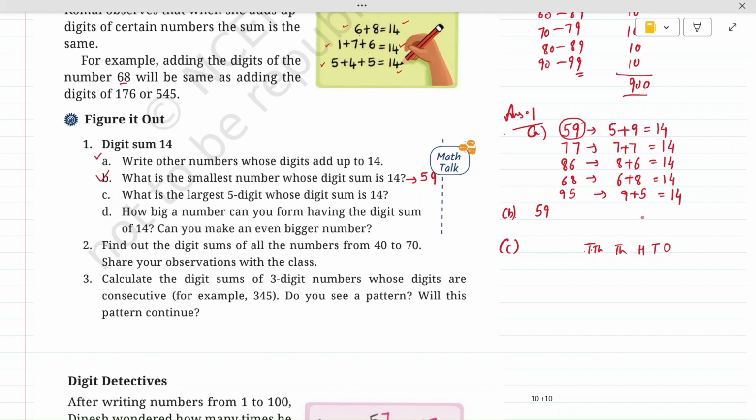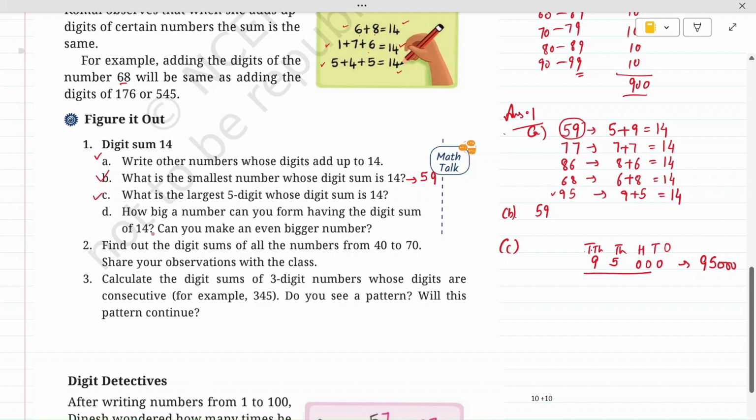So all what we have done here, the largest number was 95. So if I put 9 here, 5 here, followed by 3 zeros, this is the largest 5-digit number whose digit sum will give us 14. Easy? So we can directly do this thing.